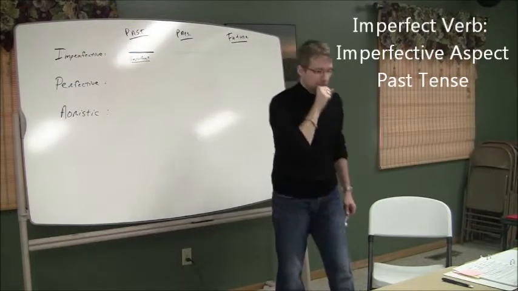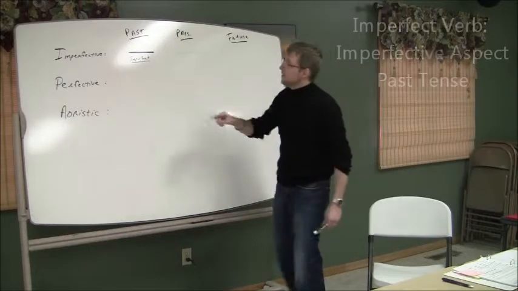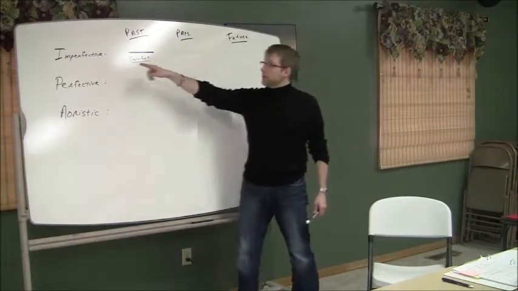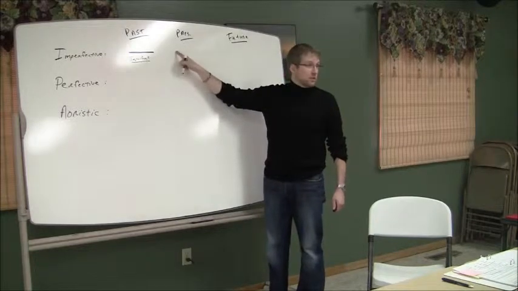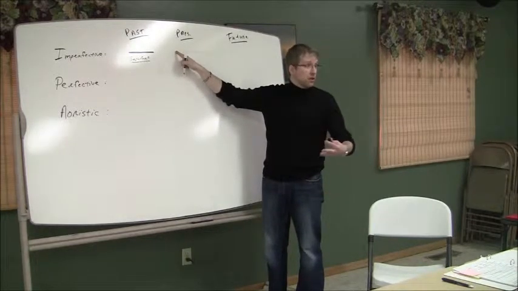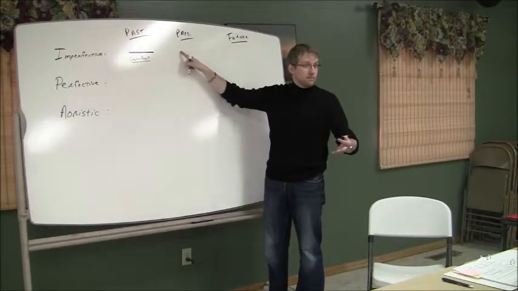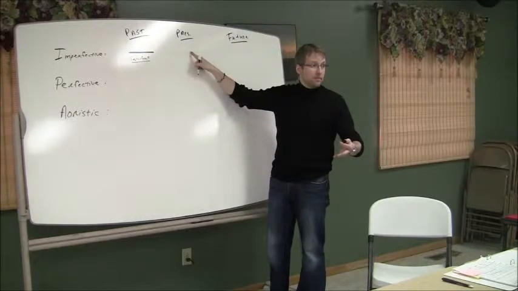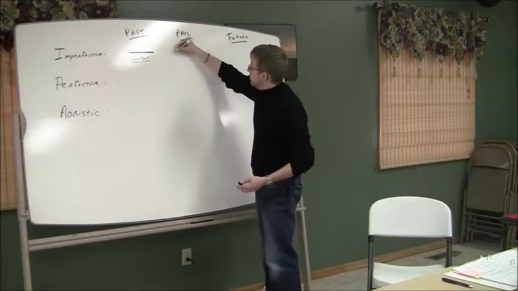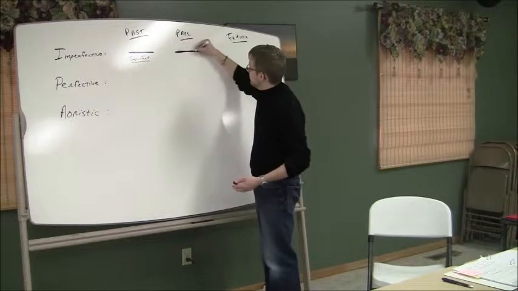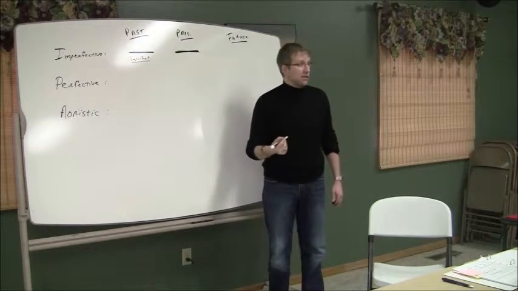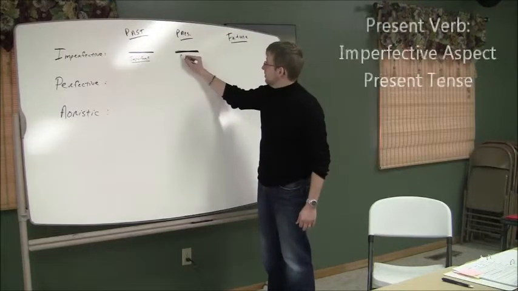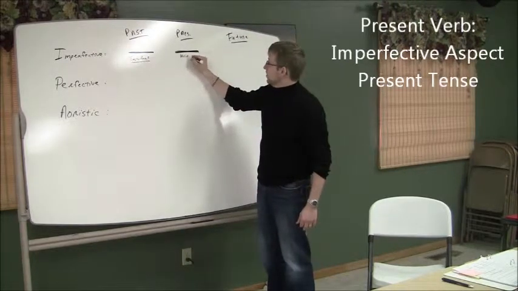Now, if we continue on this, if we look at an imperfective aspect in the present tense, what is it going to look like? I'll draw this continuous line. And if it happens in the present tense, it's called a present tense verb.